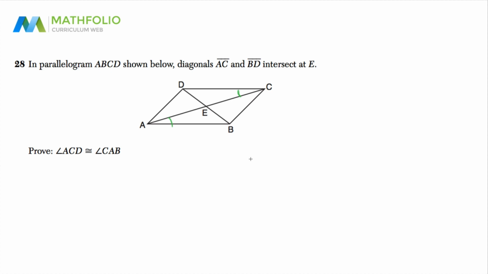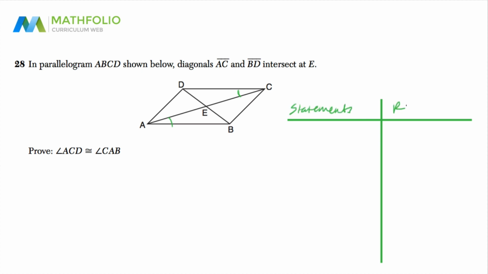We could do a paragraph proof or a flowchart proof. I'm going to stick to the two columns. Kind of makes it more convenient for me. Harder to forget stuff. So this is where we make our statements. This is where we give our reasons. So we always give a reason for every statement. So the first thing we're told is that ABCD is a parallelogram.